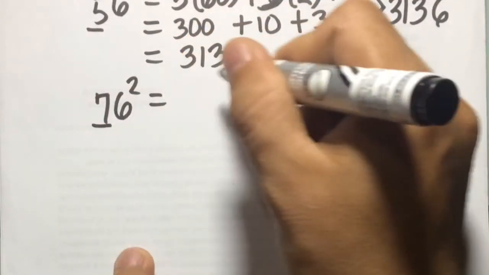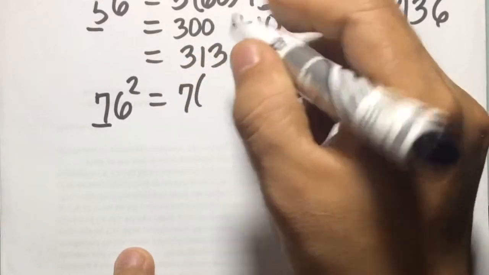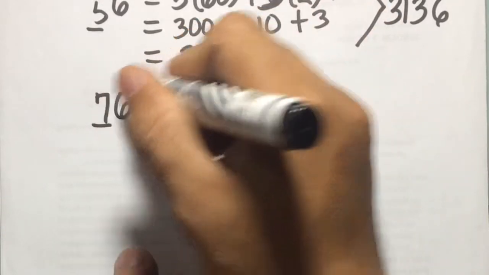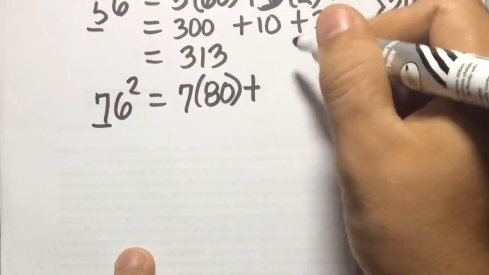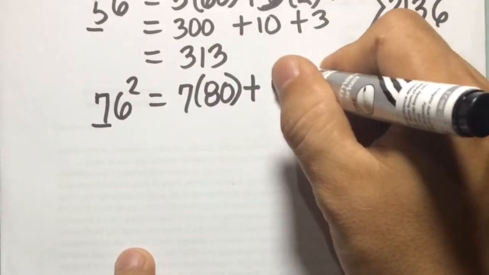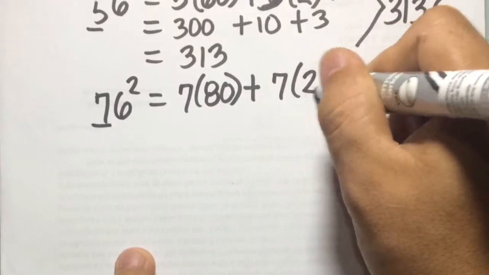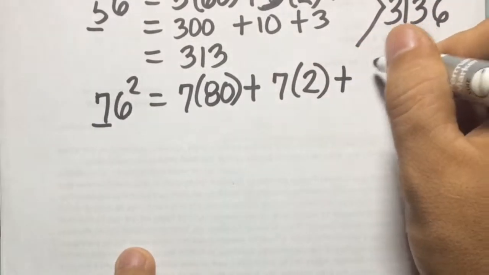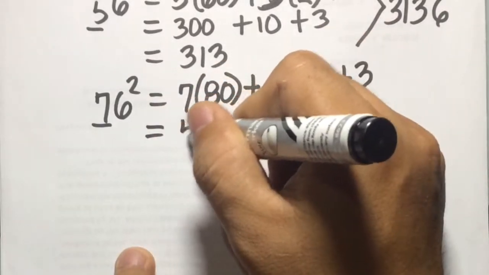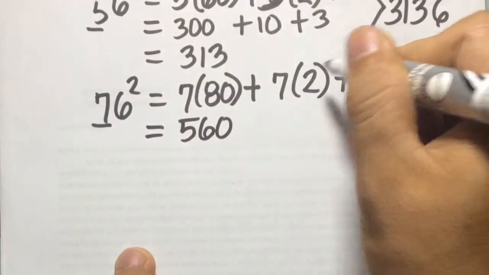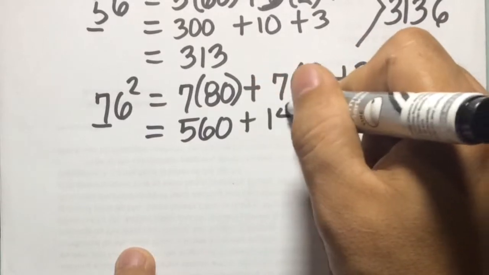So first digit is 7, so we're going to have 7 times the next digit of 7, which is 8. Then just add 0. Then plus the digit 7 times the constant number 2. Then plus another constant number 3. So 7 times 80 is 560. Then 7 times 2 is 14.